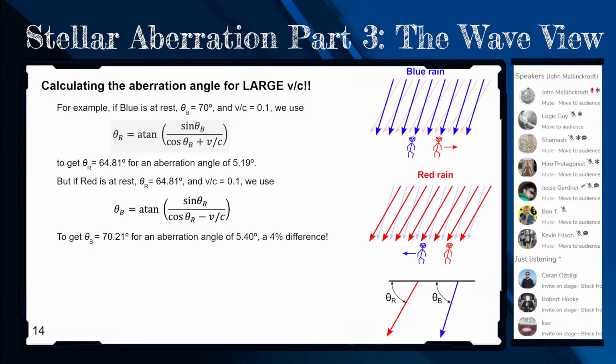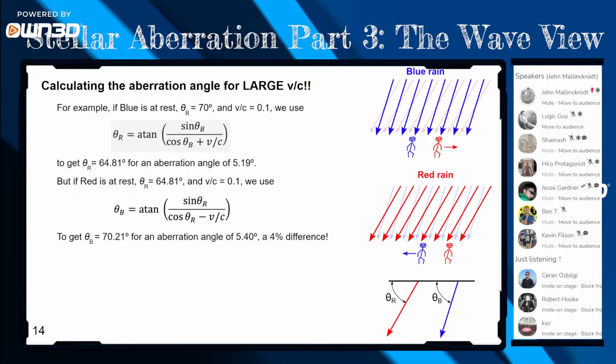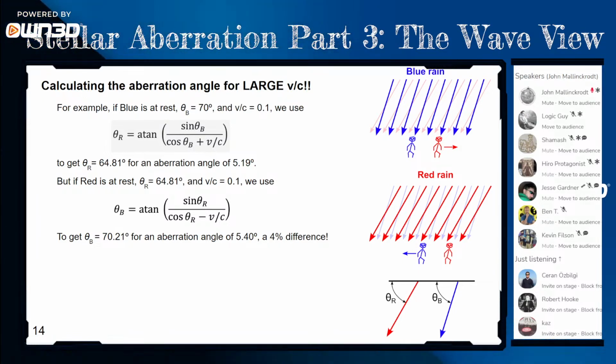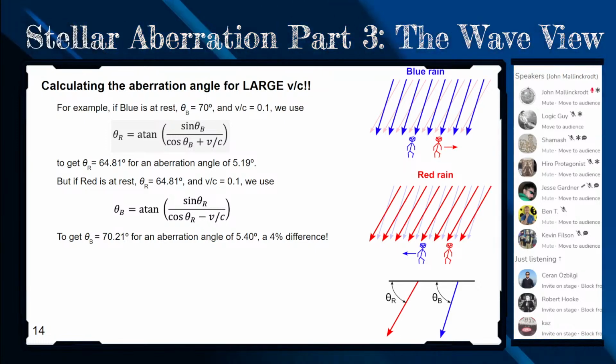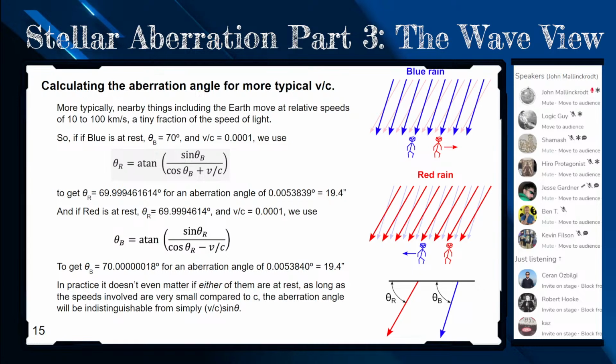But what I did on slide 15 was just to point out that in practice, we never make these observations moving with respect to anything at a speed that's large enough to actually be able to tell the difference between those two. Indeed, we can't even know for sure. It doesn't in the end matter at all whether either one is at rest in the ether, or even what the ether is doing.